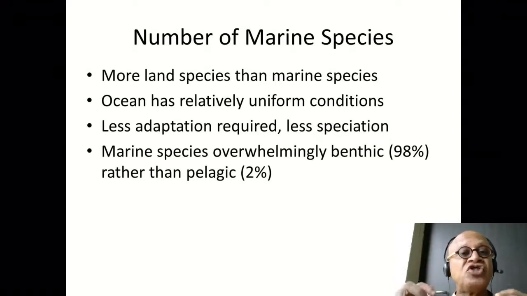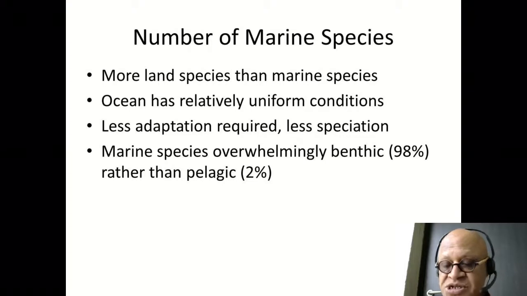Then if new environmental niches, new temperature, new salinity, etc. evolve, new level of light, etc., then new species evolve. So as Darwin said, it's not the strongest species, it's not the smartest species, but it's the most adaptive species that survives, right? So the ocean this way ends up with very few environmental niches and much fewer species.